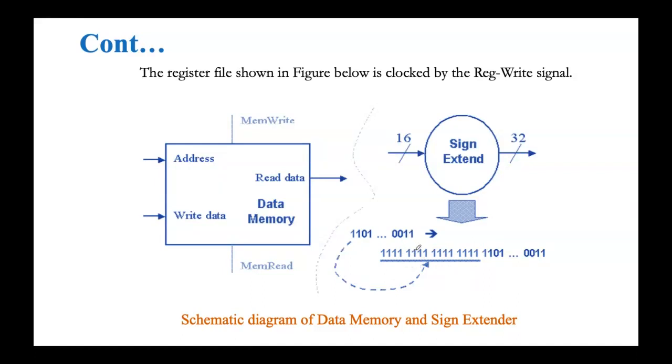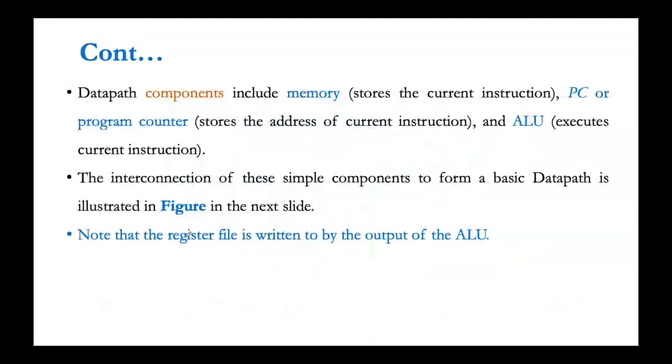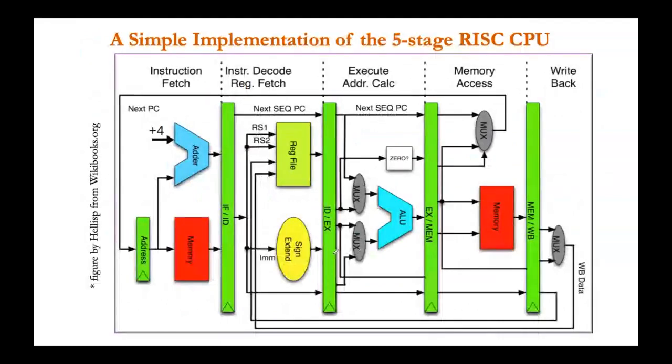This 32-bit output of your sign extension is given as an input to your data memory to write this data into the data memory. That is what we observed in this case.